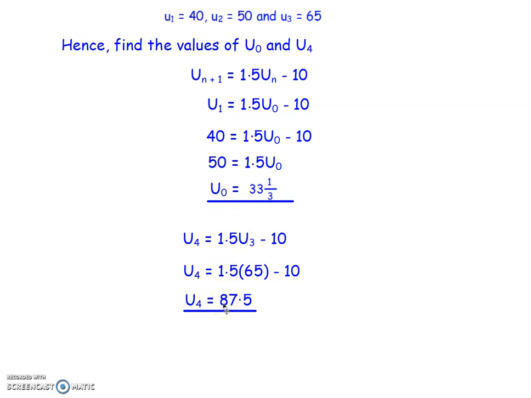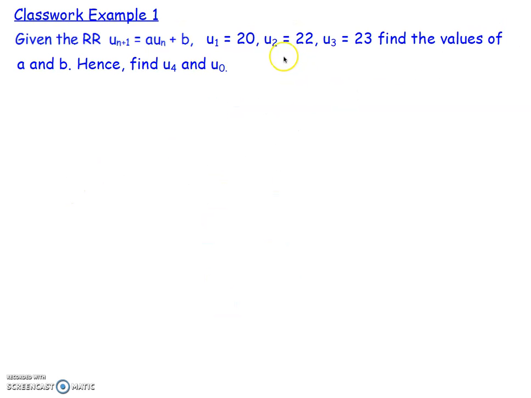And this is a strategy that will be used quite commonly in this topic. I am going to, in the next slide, show you a classwork example, which I'd like you to practice and hopefully get used to the process involved. So, given the recurrence relation u(n+1) equals a u(n) plus b, u1 equals 20, u2 equals 22, u3 equals 24, find the values of a and b, hence find u4 and u0.